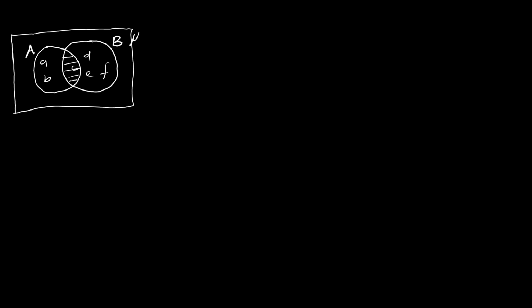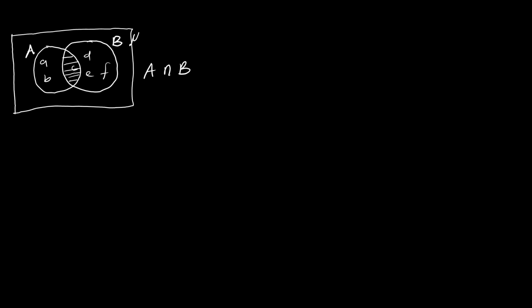So all elements that fall in this range fall in the intersection. So this is A intersection B. The shaded part is the A intersection B. All elements that fall in that particular part of the circles are the intersection between set A and set B.